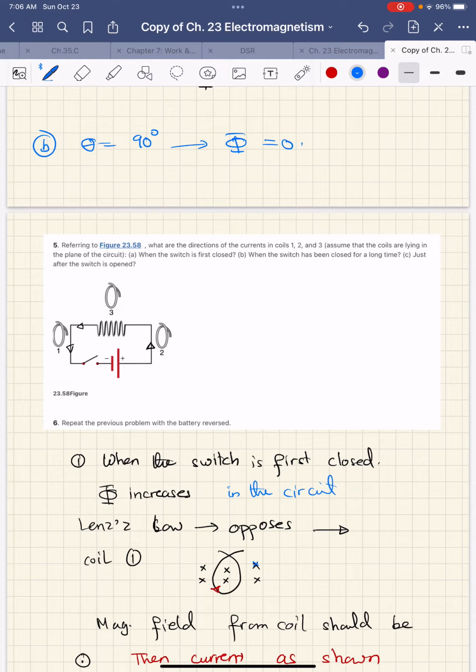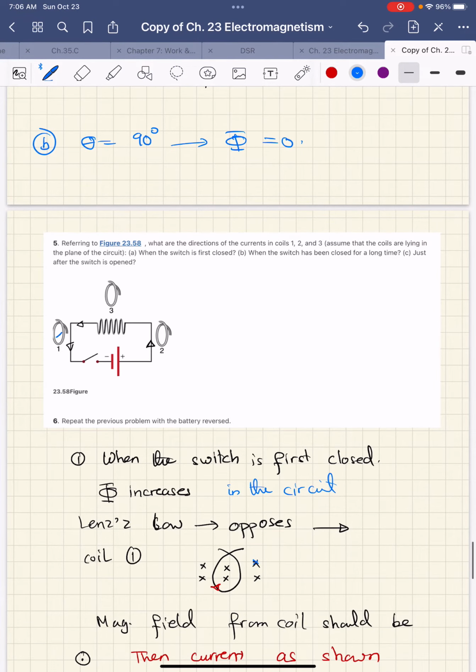Okay, here I'm talking about number 1. The magnetic field is going to be here going in and here going out, and therefore is going to be in this direction for the original magnetic field.